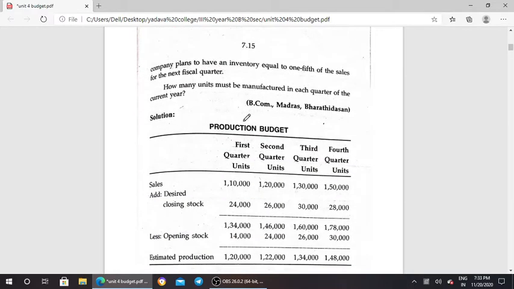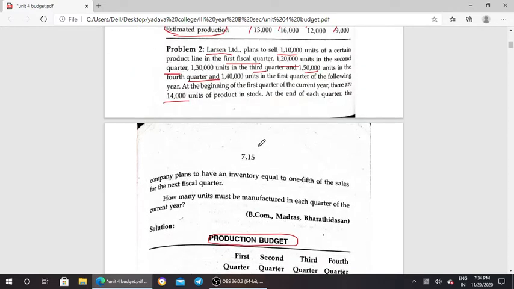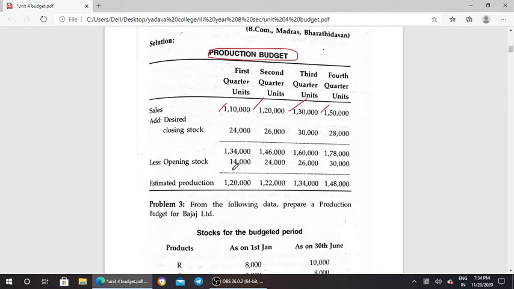So first we have to prepare this as usual. This is also a production budget, in a different way. Sales as usual: first quarter 1,10,000, second quarter 1,20,000, third quarter 1,30,000, fourth quarter 1,50,000. But here they have not given the closing stock, so we have to calculate the closing stock.